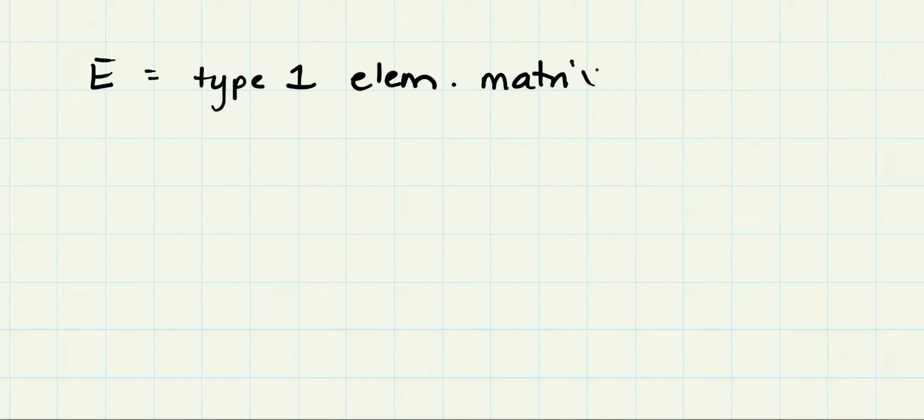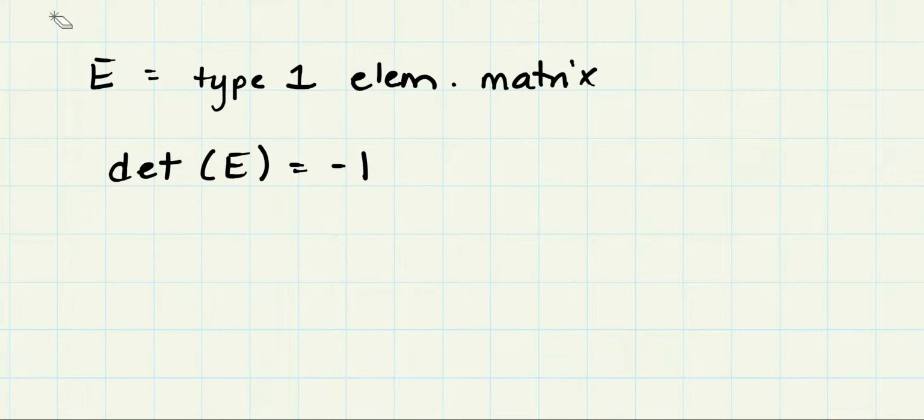Let's review a few things we learned in the last video. We said that if we had an elementary matrix that's type 1, then the determinant of that matrix is -1.